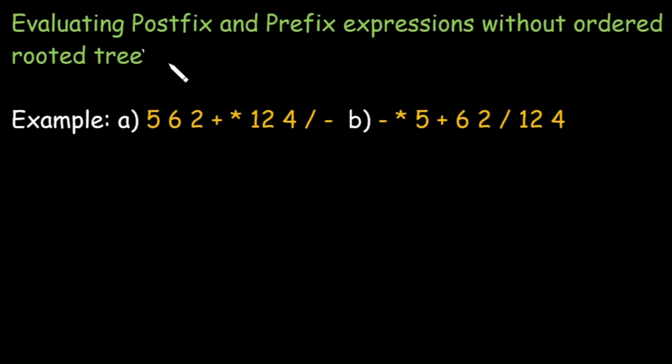Now we will learn how to evaluate the postfix expression and the prefix expression without constructing the ordered rooted tree. The concept is the same. For example, in this case, we need to find the expression value without an ordered rooted tree. So how to do that? First, we will identify whether this is a prefix or a postfix.